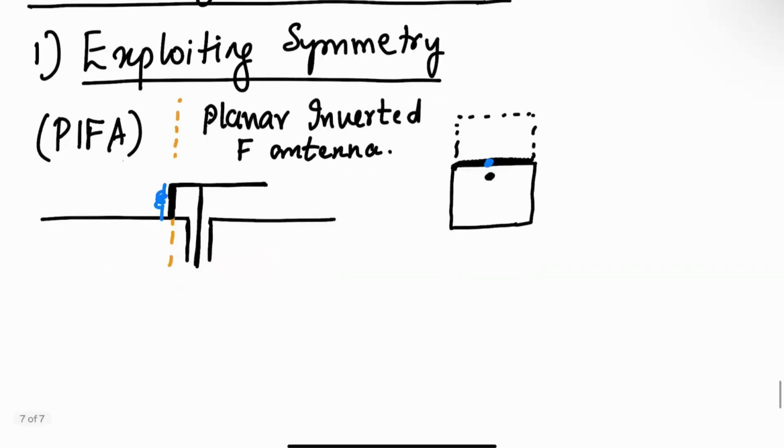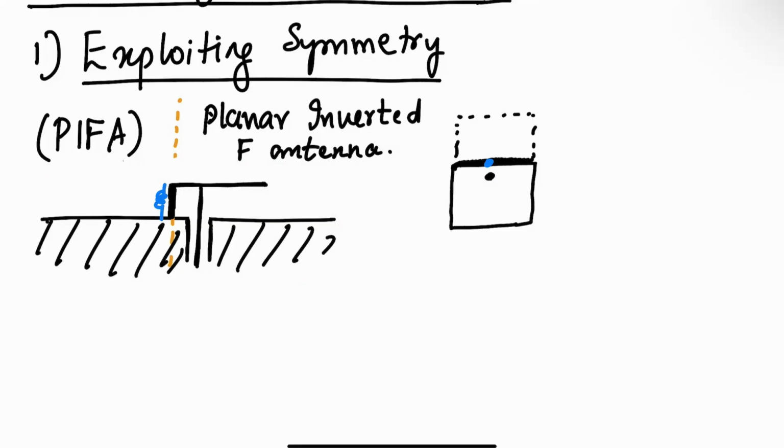Although I've drawn this kind of structure from a PCB, you can also make the same antenna planar, right? I can have exactly what I have here, but at a single metal layer. So this is all ground plane, and I have a coaxial line coming in. This coaxial line bends this way, so that would then be a planar inverted F antenna.